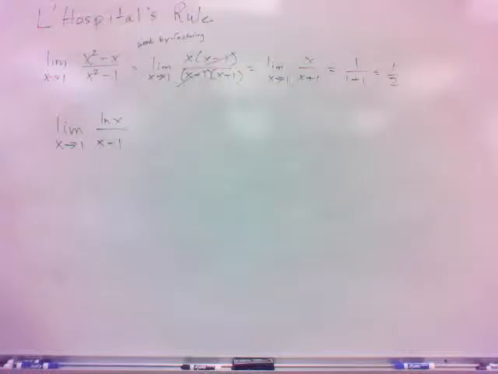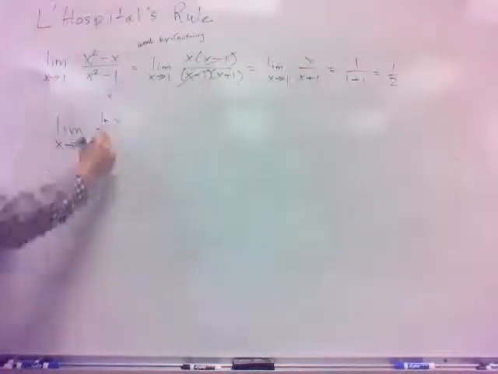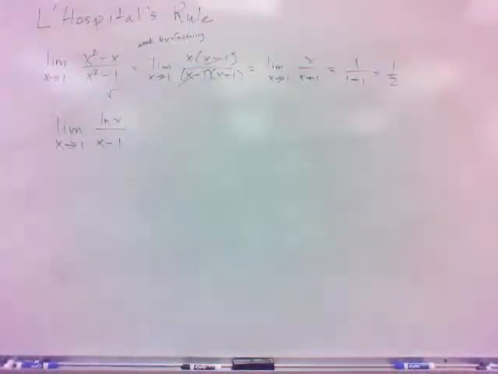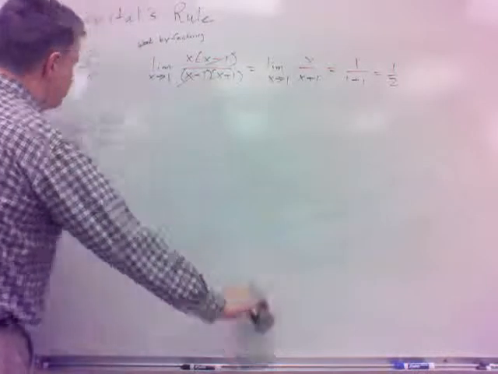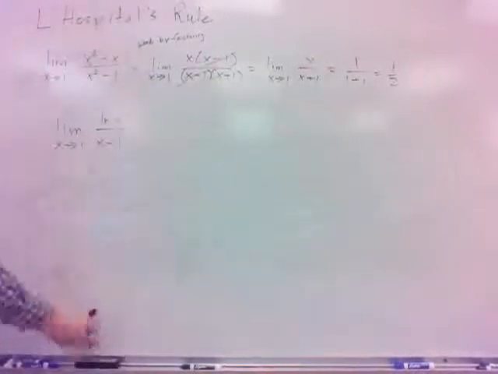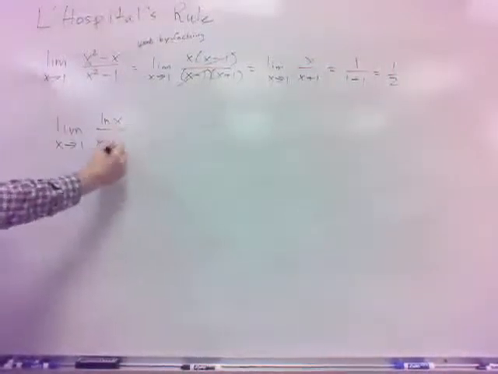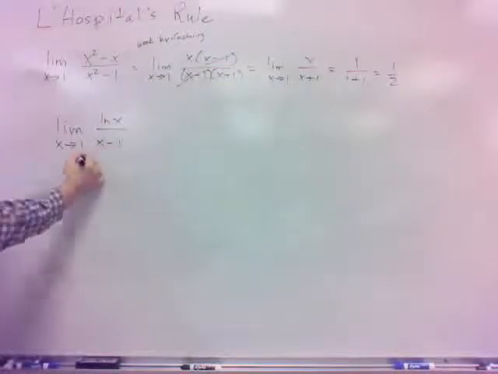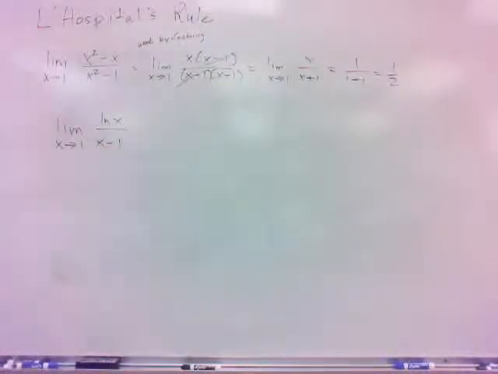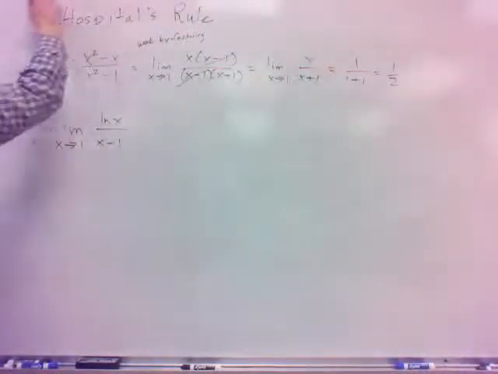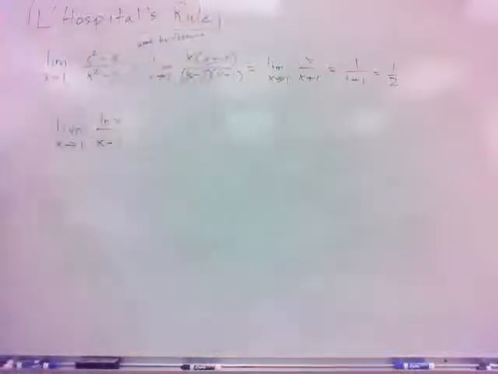Conjugates, we used that when we had the square root somewhere in it. Combined fractions, well, there's not really fractions to combine, so we're kind of at a loss here, and we can't plug in. So that's where another technique we can use for some of these comes in.